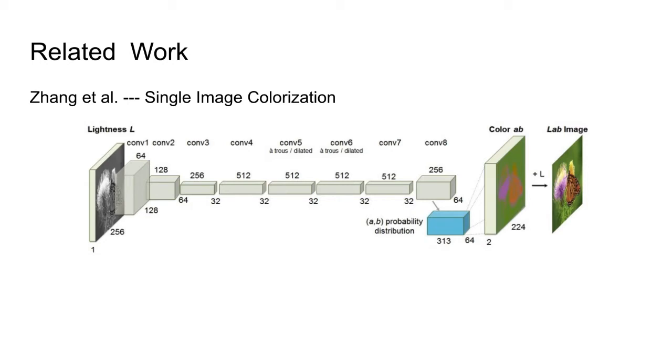This is the framework of Zhang's work, which does single image colorization. Each convolutional layer refers to a block of 2 or 3 repeated convolutional and ReLU layers, followed by a batch normalization layer. They use a very simple network structure to estimate the probability of color.